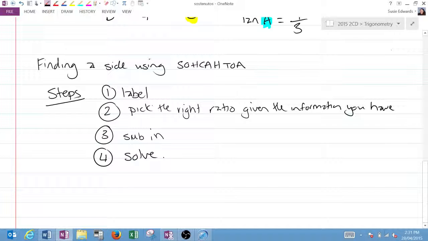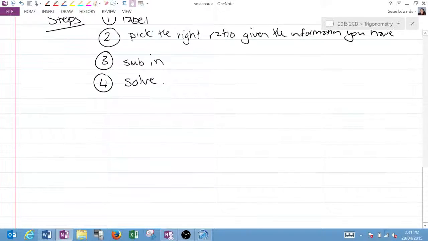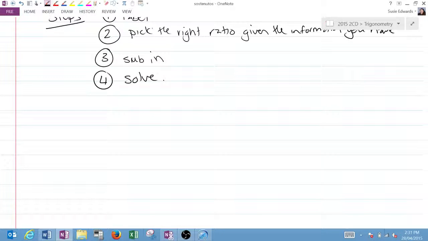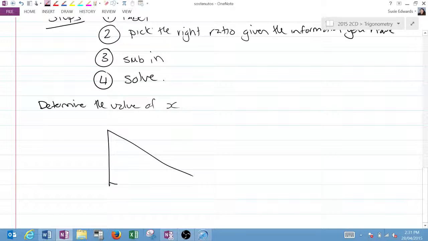Alright, can we do a quick example? So, for all these questions we'll just write determine the value of x. And we'll use a triangle. You are allowed your calculator for this. In fact, you'll need it, okay?